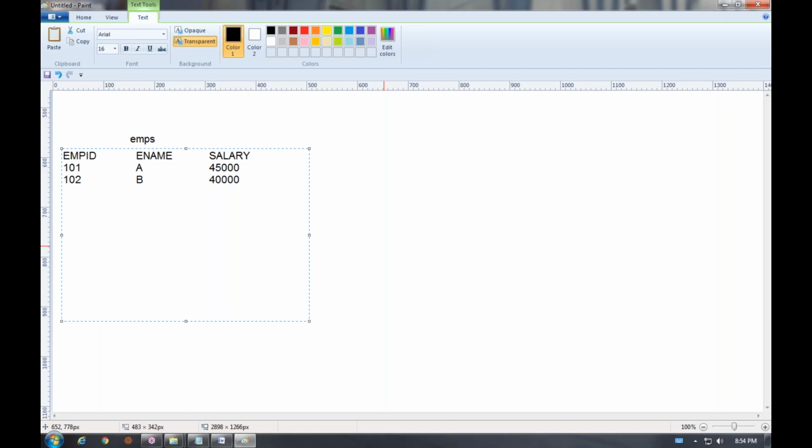Next, employee number 103, employee name C, employee salary 25,000. 104, employee name X, employee salary 50,000. And 105, employee name Y, and employee salary 25,000. These are the employees in your table.